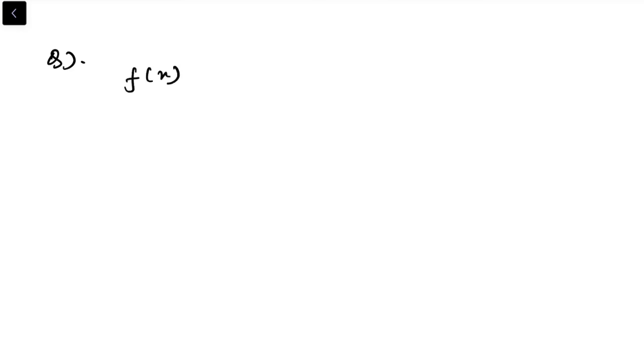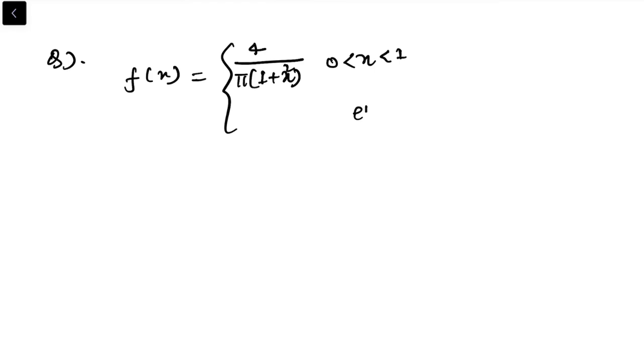In this question you are given the PDF. When X is greater than 0 and less than 1, the PDF is 4 over pi times 1 plus X square, with the square inside the bracket, and elsewhere it is 0, and you are asked to calculate the expected value, that is EX.